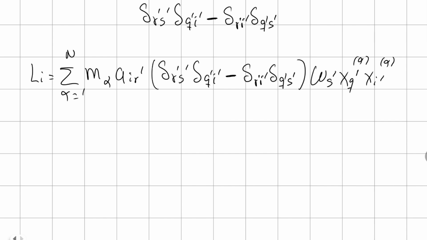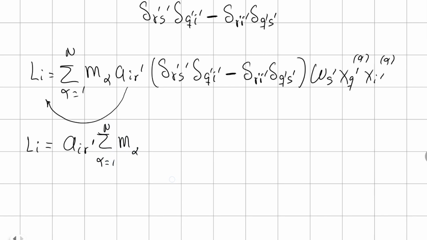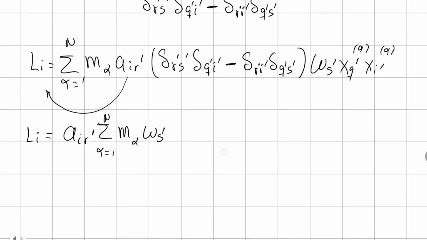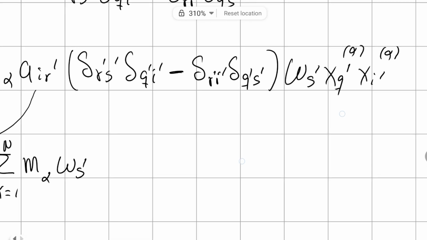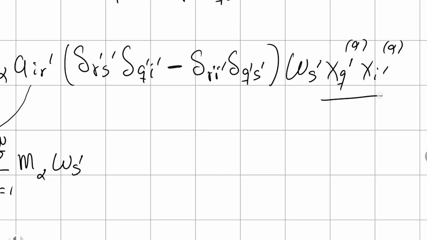What we are going to do next is take out this element of the sum, and we get that L_i is equal to A_IR', the sum from alpha equals 1 up to n of the mass alpha, and then let me write this omega s here. Let's examine what happens with this product when it multiplies the Kronecker delta here and the Kronecker delta here.